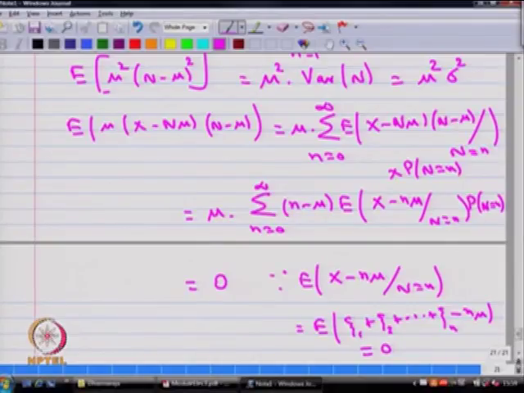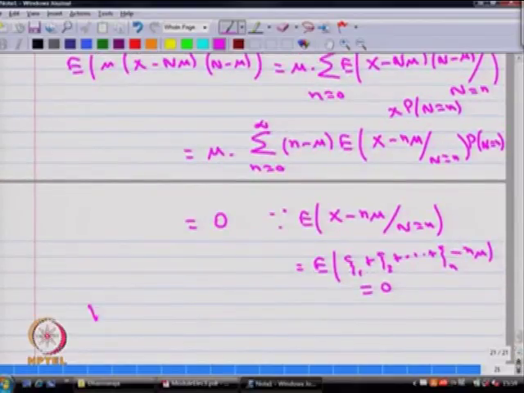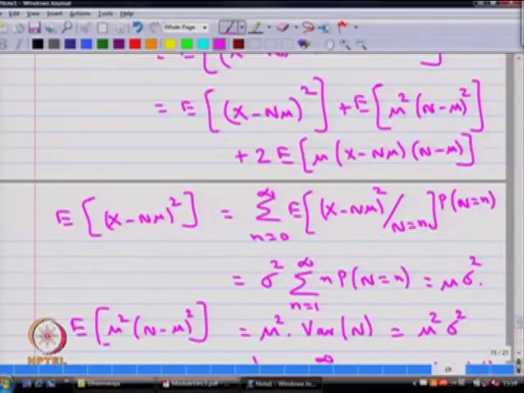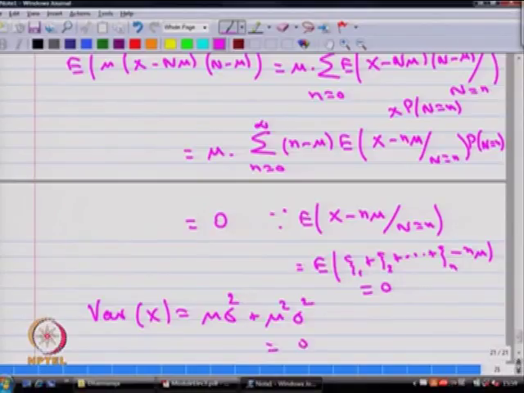Therefore, that becomes 0. Hence, for the variance of X, substitute all these 3 expectation results in the above expression. Therefore, you will get variance of X is going to be mu times sigma square plus mu square sigma square, and the third term is going to be 0. Therefore, you will get sigma square mu multiplied by 1 plus mu.